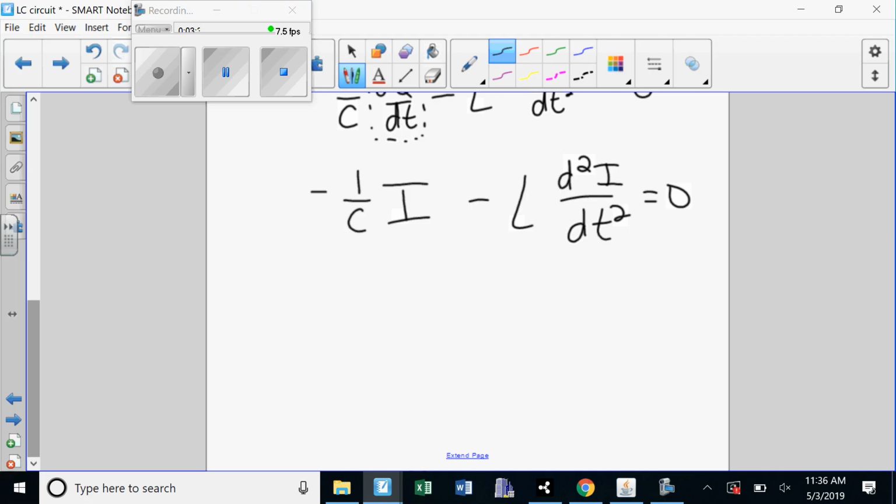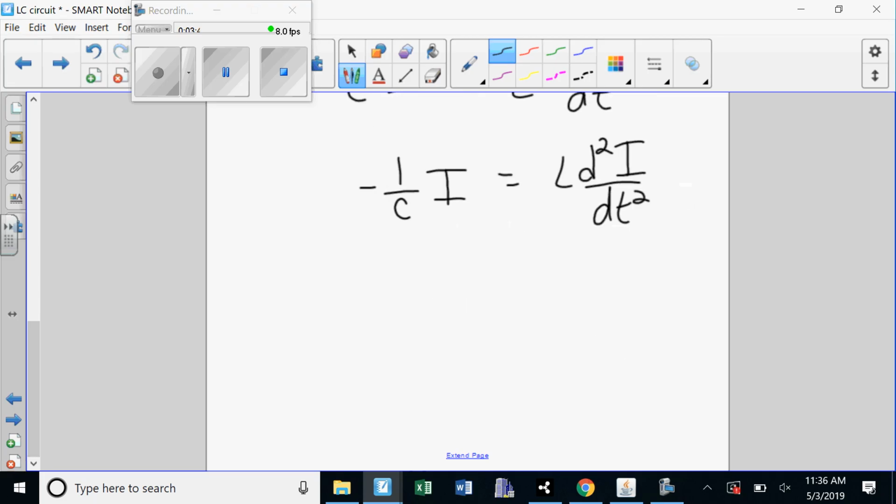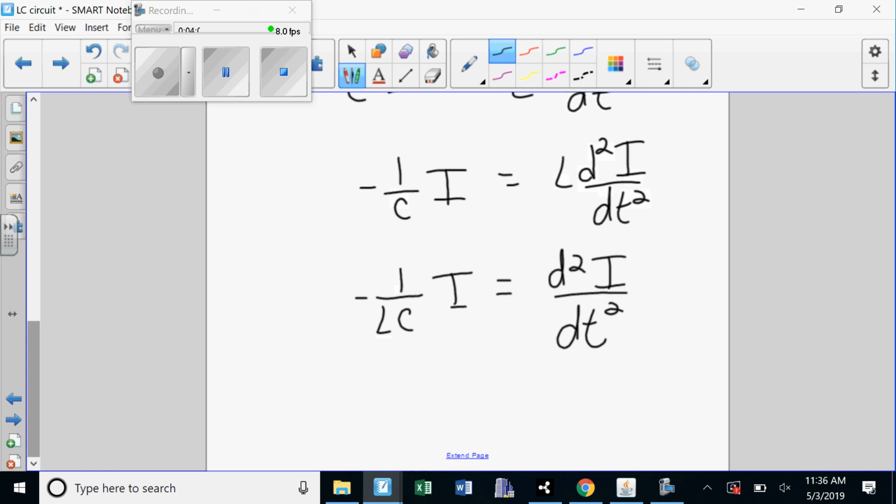Okay, so I'm going to go ahead and solve this for the derivative. So 1 over C times I is equal to L times the second derivative of current with respect to time. And I want to get rid of that L to isolate the derivative. So I get minus 1 over LC times the current is equal to the second derivative with respect to time. Okay?